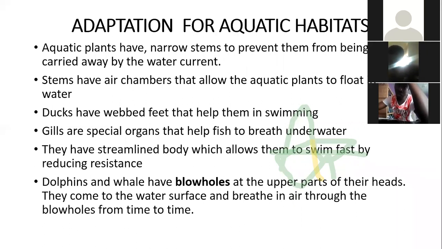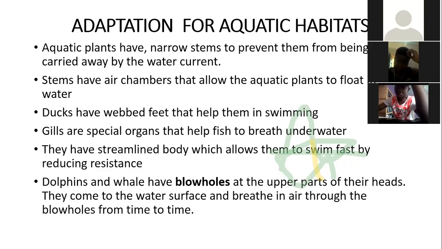This is just a summary of what we've done about the aquatic habitat. 1, aquatic plants have narrow stems to prevent them from being carried away by water currents. 2, their stems have air chambers that allow them to float on or in the water. 3, ducks and even frogs or toads have webbed feet that help them in swimming.